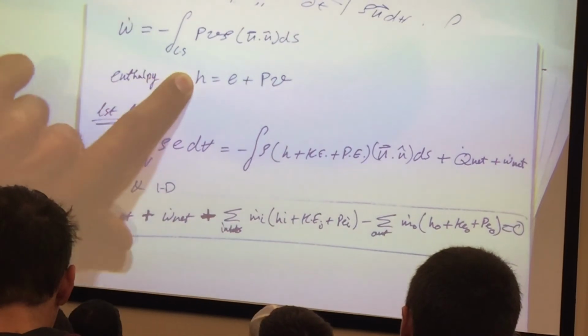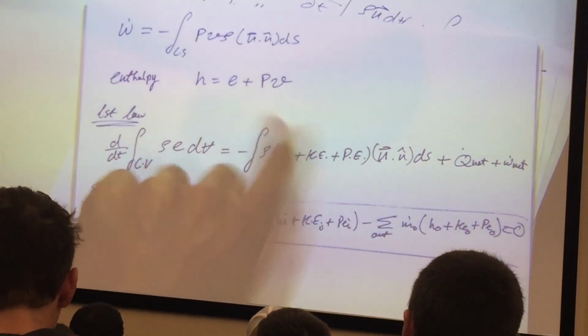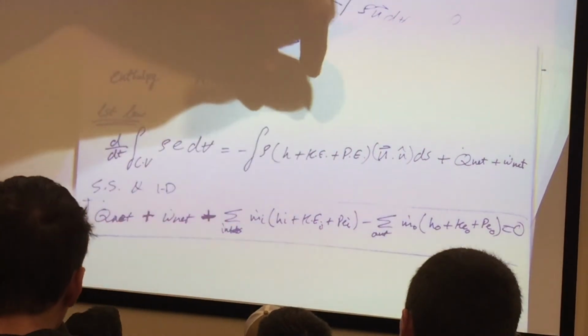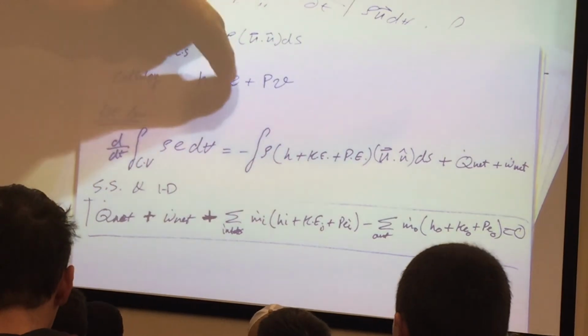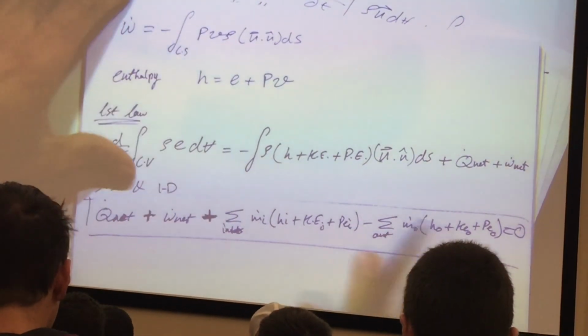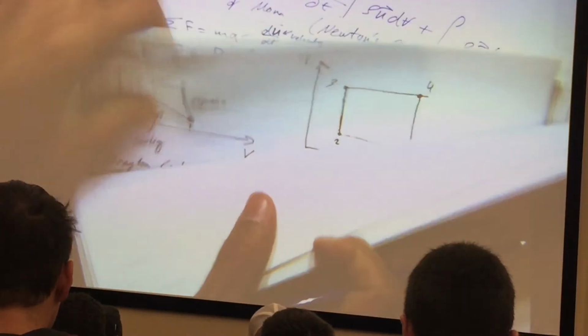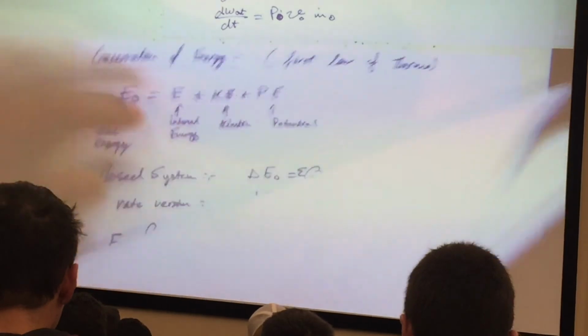Enthalpy is equal to the internal energy plus your PV. So PV is essentially the work being done. So I can compose the total energy that I have of the system right here.